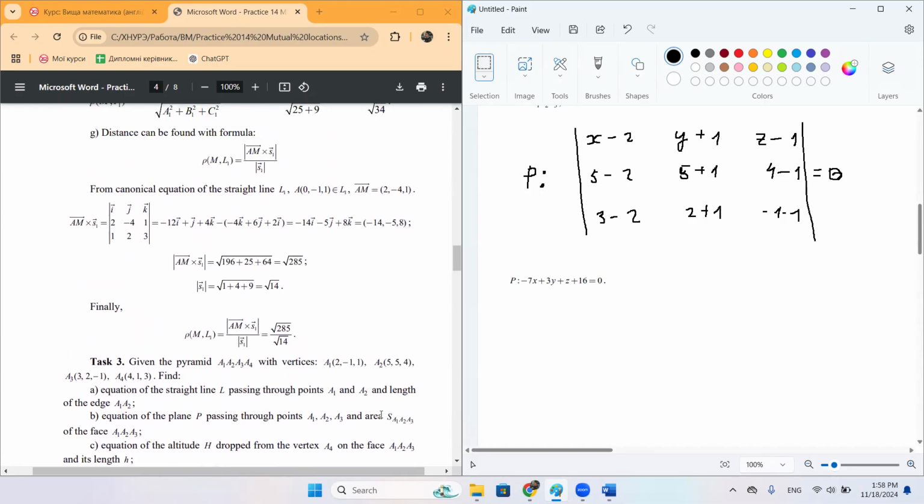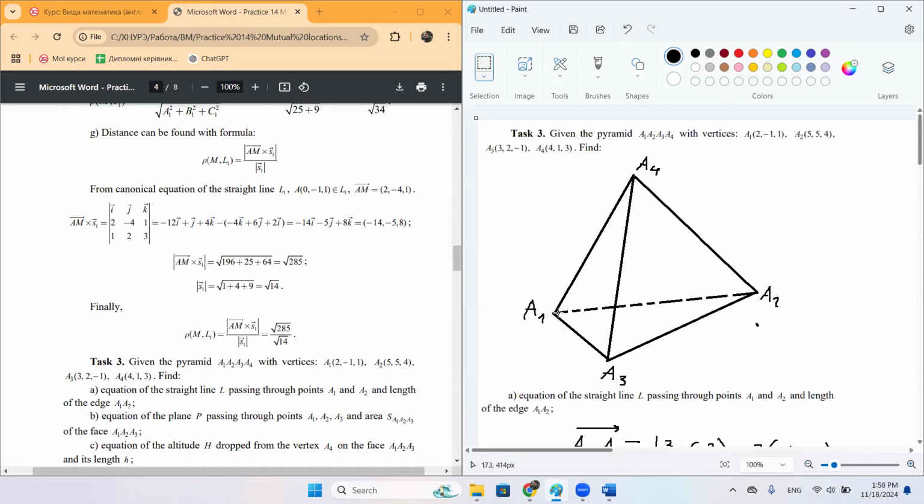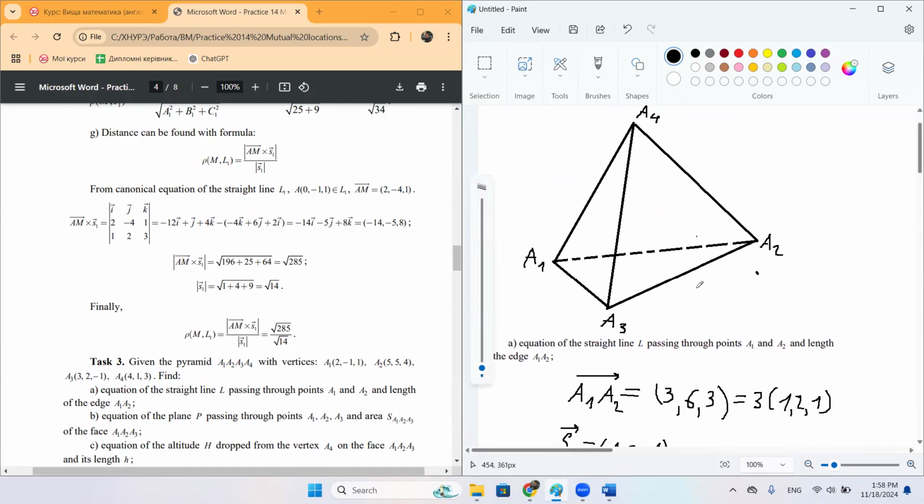We need to find the area of the face A1A2A3. So do you remember how we can do it if we know the coordinates? Probably the vector product.